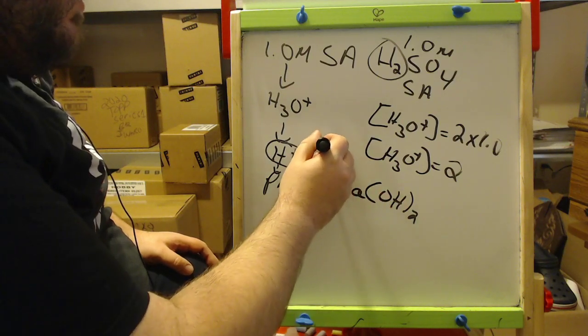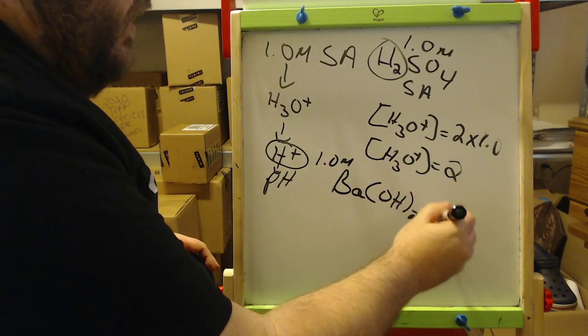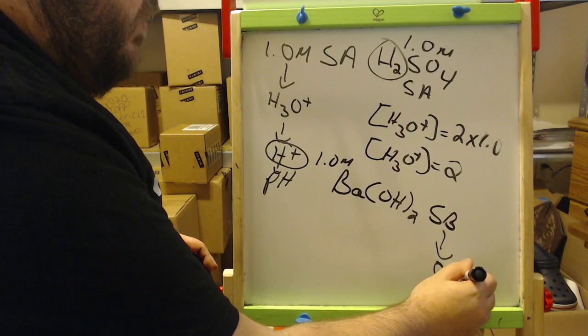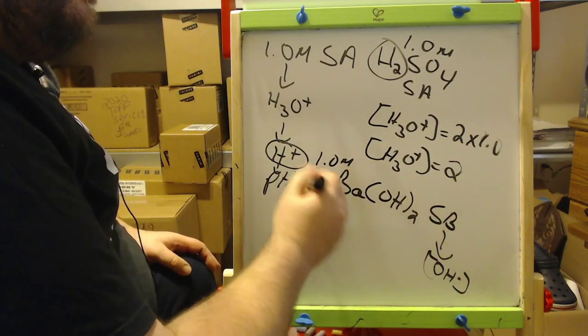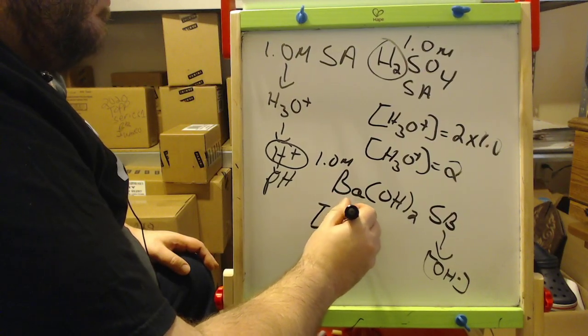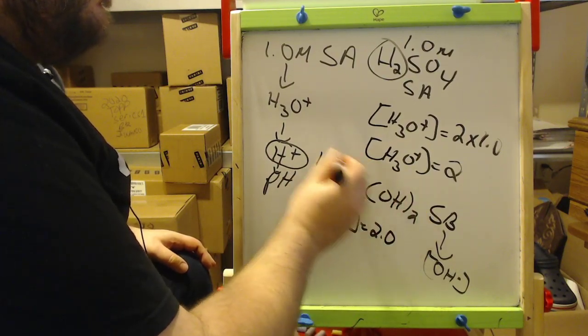If this was 1 molar barium hydroxide, now this is a strong base. Strong bases tell me what the concentration of OH minus is. I've got to take into account I'm going to get 2 OH minuses. So the concentration of OH minus would actually be 2.0, as 2 times the 1.0 there.